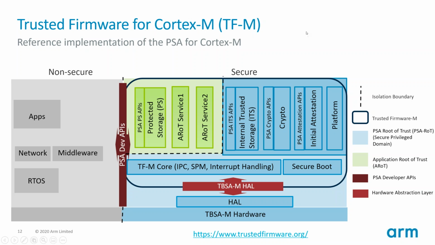That is what PSA has defined on the software and architecture level, and a reference implementation for that is called Trusted Firmware for Cortex-M, or TF-M, an acronym you have heard many times as well. This is just a reference implementation of PSA requirements, and as shown here, it implements the functionalities defined by PSA: attestation, cryptography, trusted storage, with the APIs defined by PSA that can be accessed from the non-secure areas.